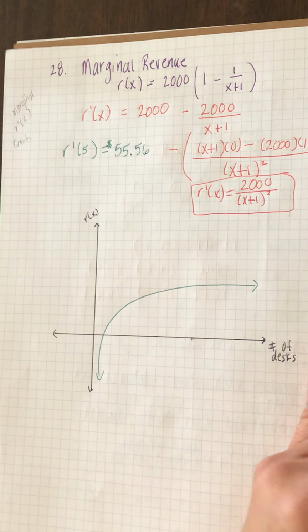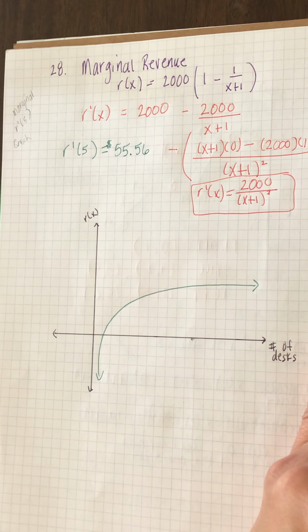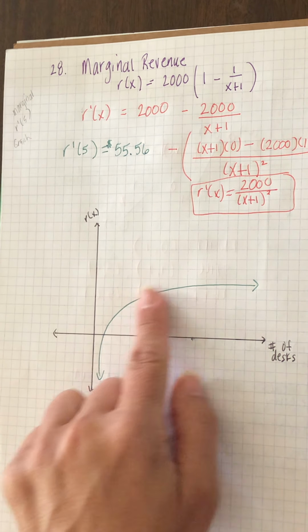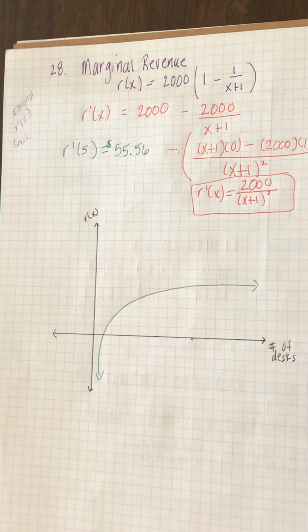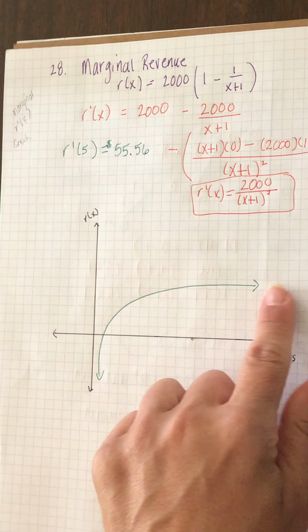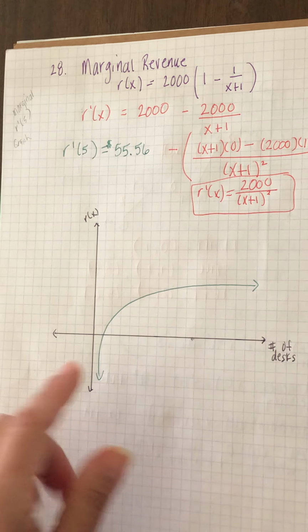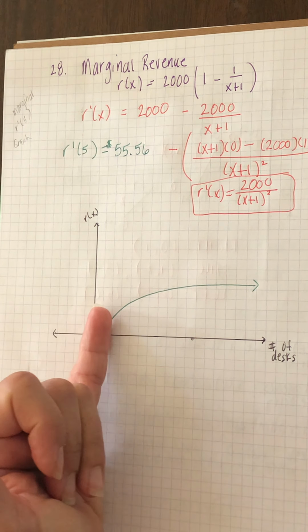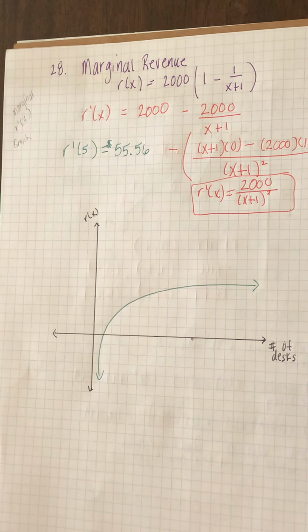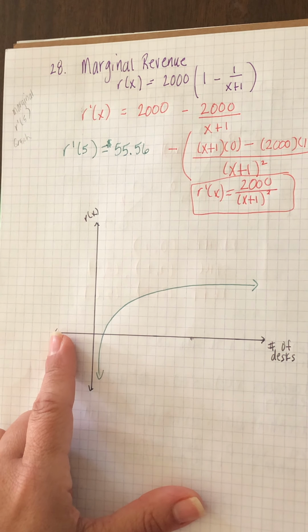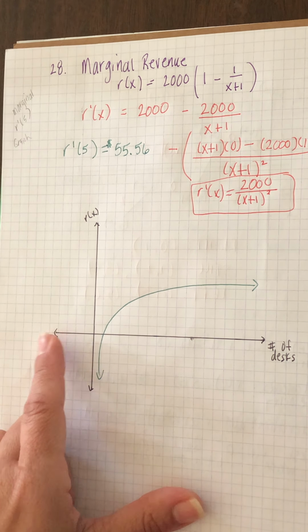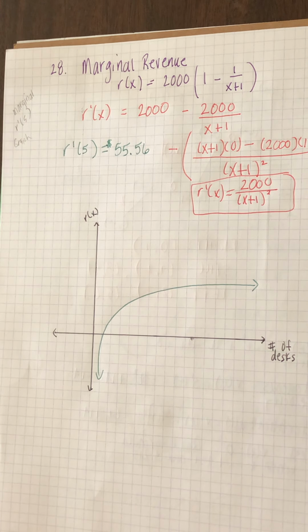There's going to be a certain point where it doesn't matter how many desks you sell, the revenue is going to plateau. I can't figure out what I did wrong on my calculator there, but I know that this is what the graph is supposed to look like, and it only makes sense when the number of desks is positive, right? You're not going to sell a negative number of desks. That would definitely be a poor business model.